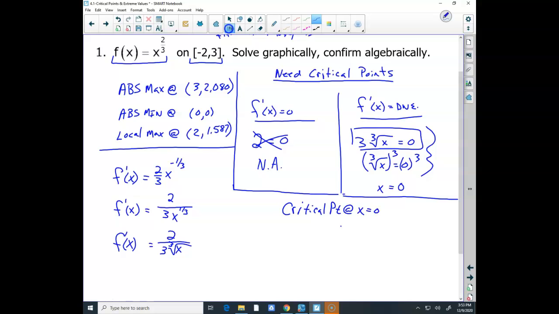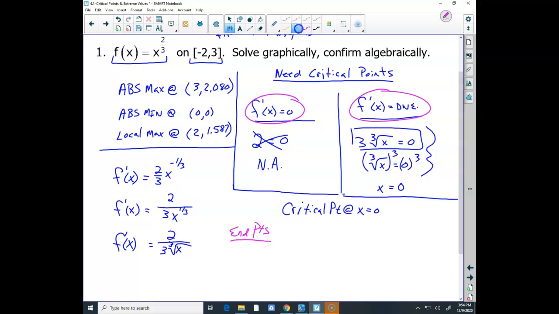Now remember, when I'm looking for extreme values, they not only happen when the derivative equals 0 or is undefined. They also happen at endpoints, and endpoints always will be extreme values candidates. So I need endpoints too.